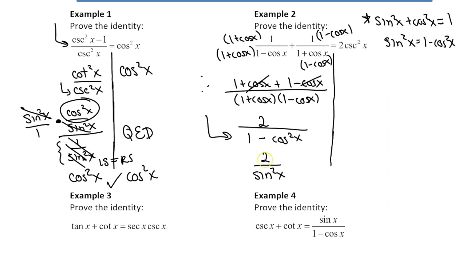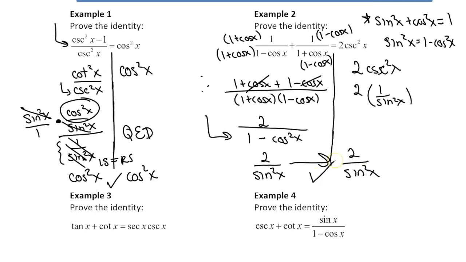And if I do that, I know that I'm almost done, because 2 times cosecant squared x is going to be equivalent to 2 times 1 over sine squared x, which is just like saying 2 over sine squared x, and they are balanced.